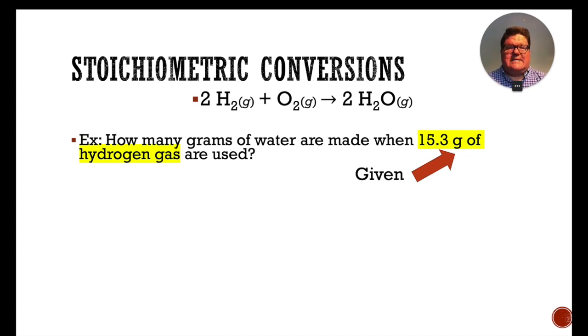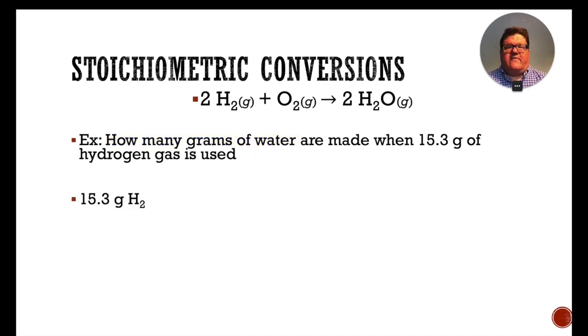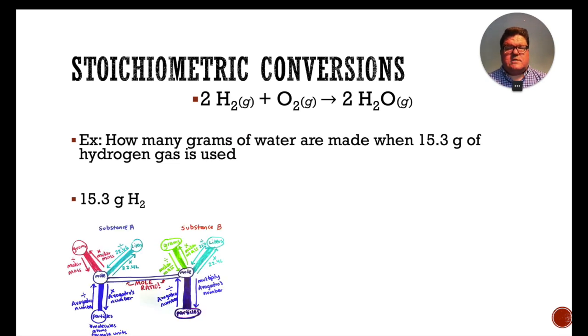And we also want to identify what we want to figure out. And in this case, that would be how many grams of water could be produced in this situation. So if we begin with our 15.3 grams of hydrogen, we're at that first step, so we're going to want to convert grams of hydrogen to moles of hydrogen.